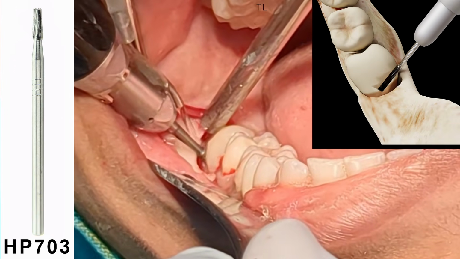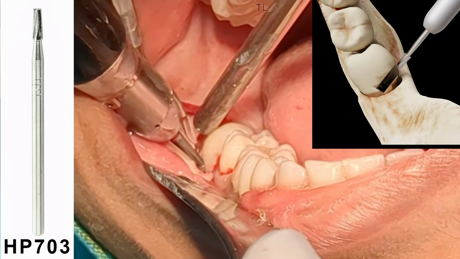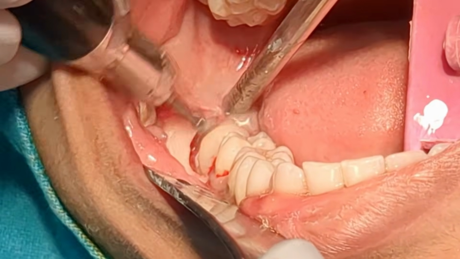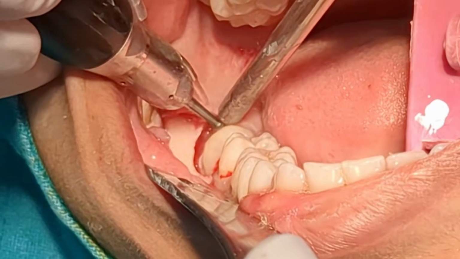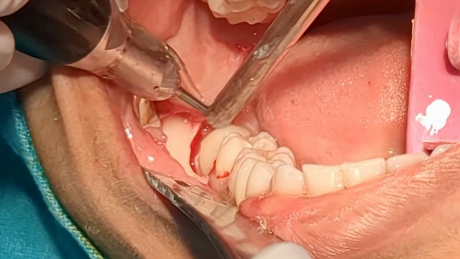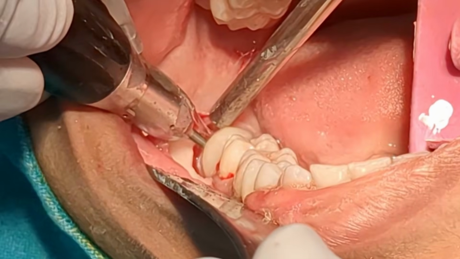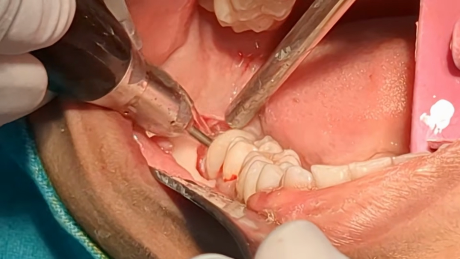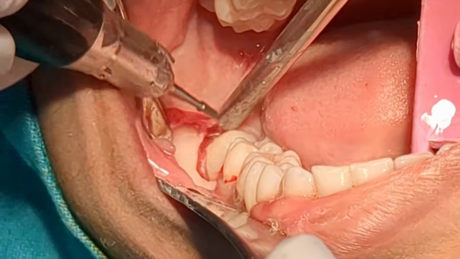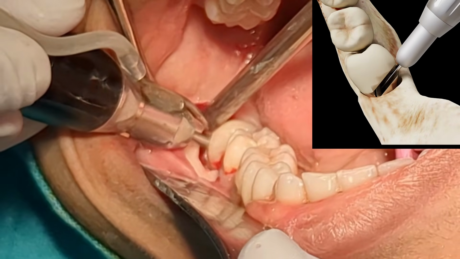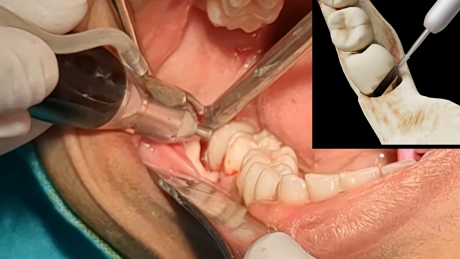With the 703 burr, I widen the section. Then again with the 702 burr, I section the lingual half of the tooth.